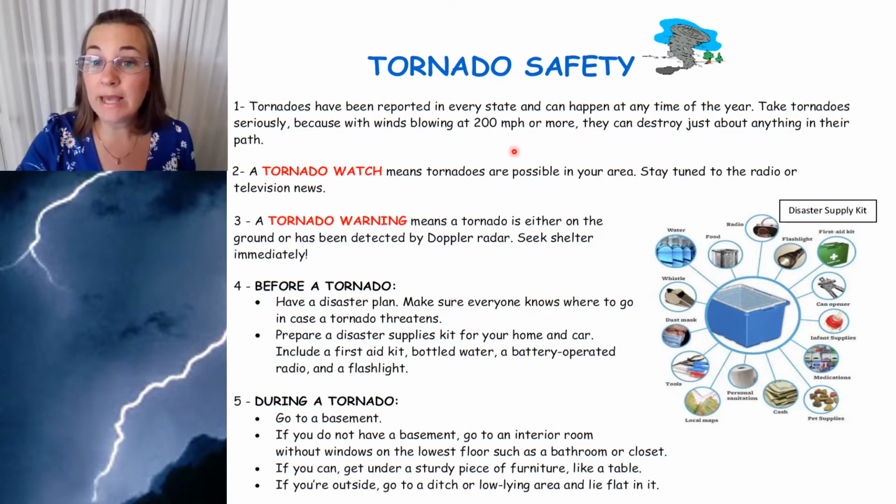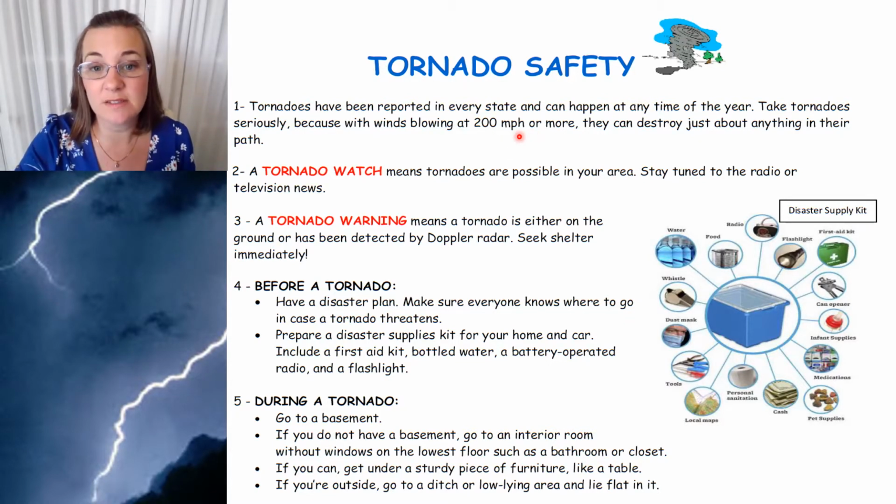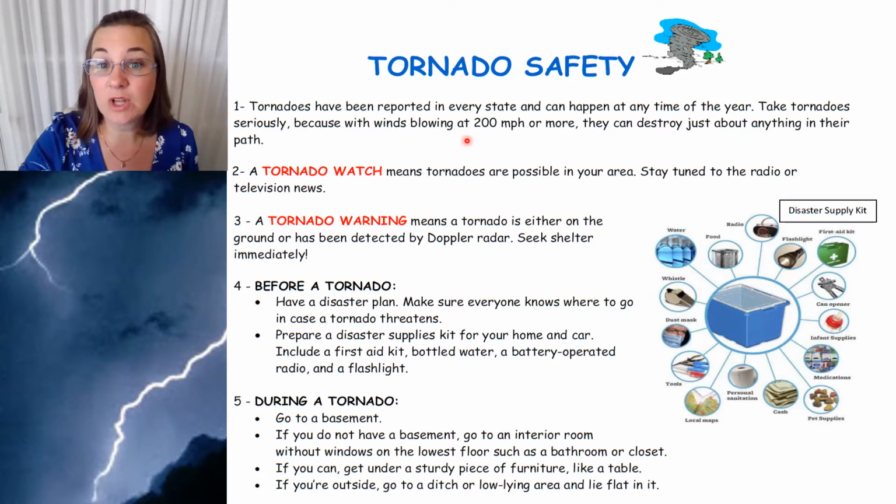This stands for miles per hour. So when I read it, I actually say miles per hour. It's a way that scientists measure the speed of something. And in this case, they're using miles per hour. Whenever you see a number followed by MPH, it's talking about how fast something is going. In this case, we're talking about how fast the winds are blowing.